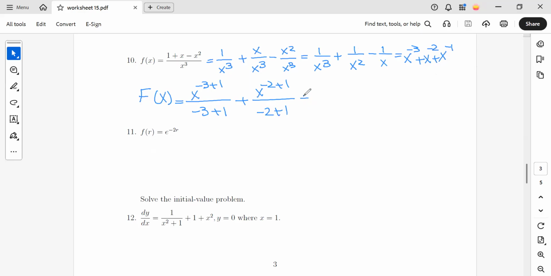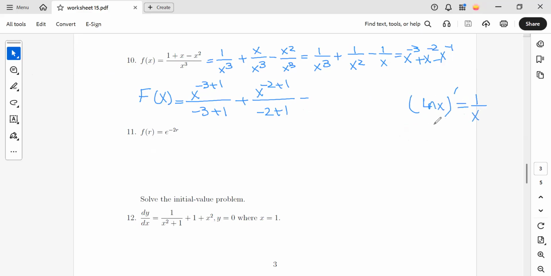But as we remember, okay, this one is a negative. So we cannot write x power negative 1 plus 1 over negative 1 plus 1 because it will be x power 0 over 0, which is undefined. So we had a formula for this one, which says whenever you have ln of x, the derivative is 1 over x.